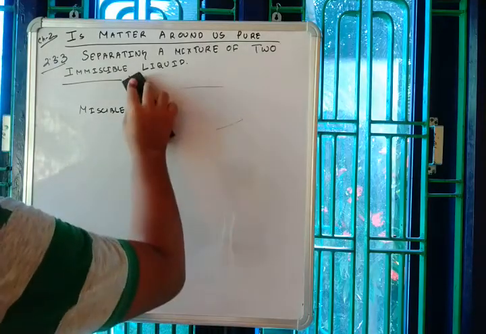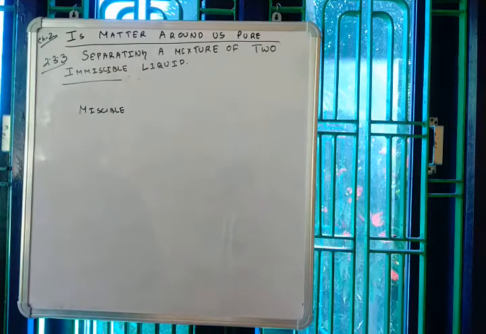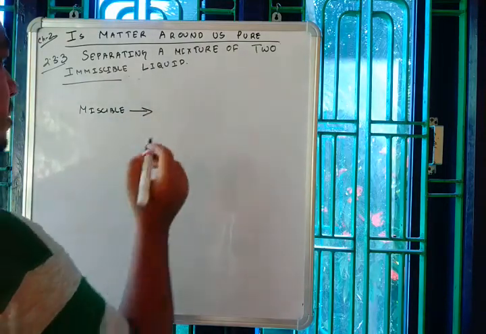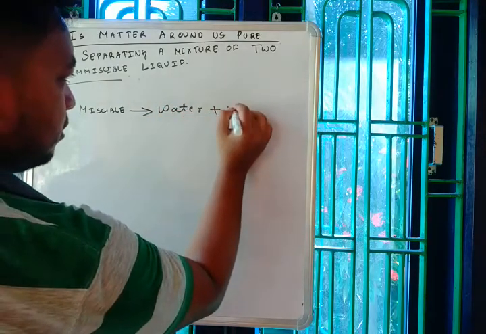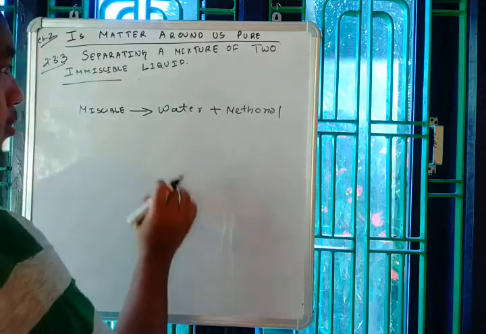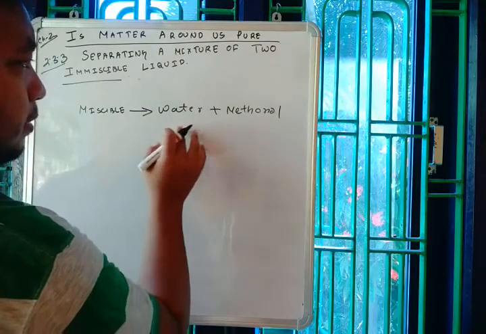Whereas miscible liquids are those which are very easily mixable. For example, earlier also I have taken the same example: water plus methanol, or water plus ethanol, or water plus benzene, or water plus acetone.